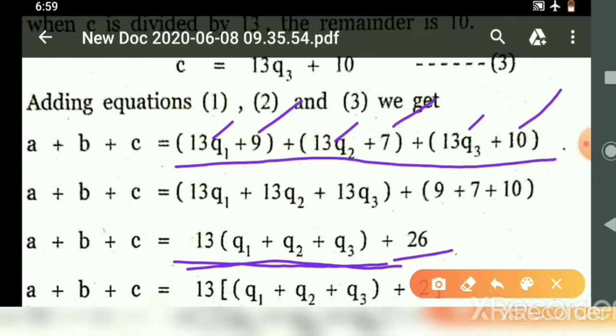So these two terms, 13 into Q1 plus Q2 plus Q3, and 26. Take 13 common, so we get 13 into Q1 plus Q2 plus Q3 plus 2. This full term is a multiple of 13, so it is divisible by 13.